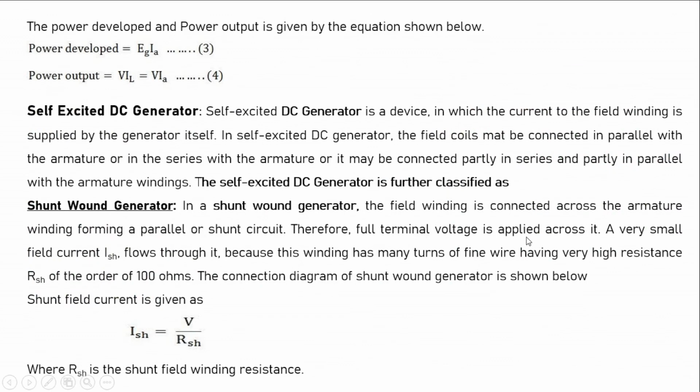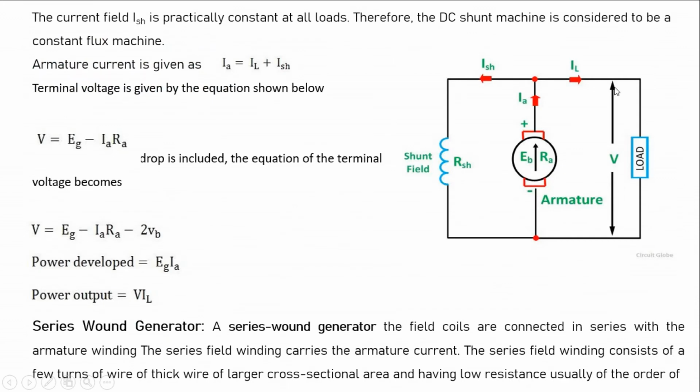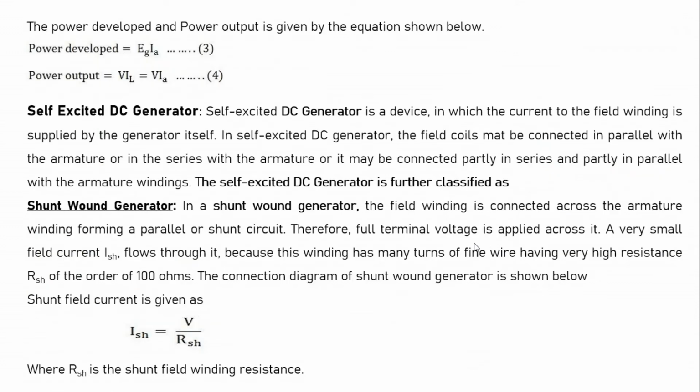Therefore, full terminal voltage is applied across the shunt field winding, which is in parallel with it. A very small field current ISH flows through it because this winding has many turns of fine wire having very high resistance, in the order of 100 ohms.